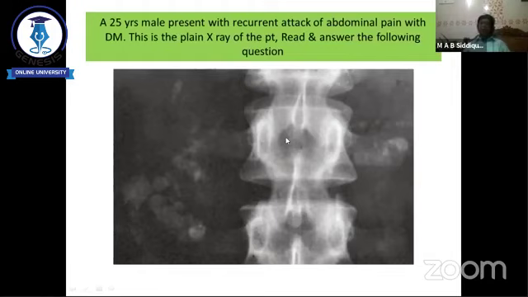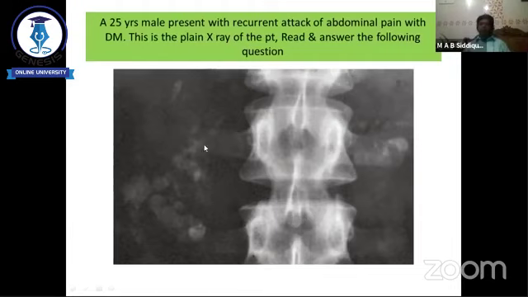If the question is to describe the plain X-ray abdomen, you cannot mention the exact vertebral level. But if it is a chest X-ray, you should mention the level of the vertebra if possible.